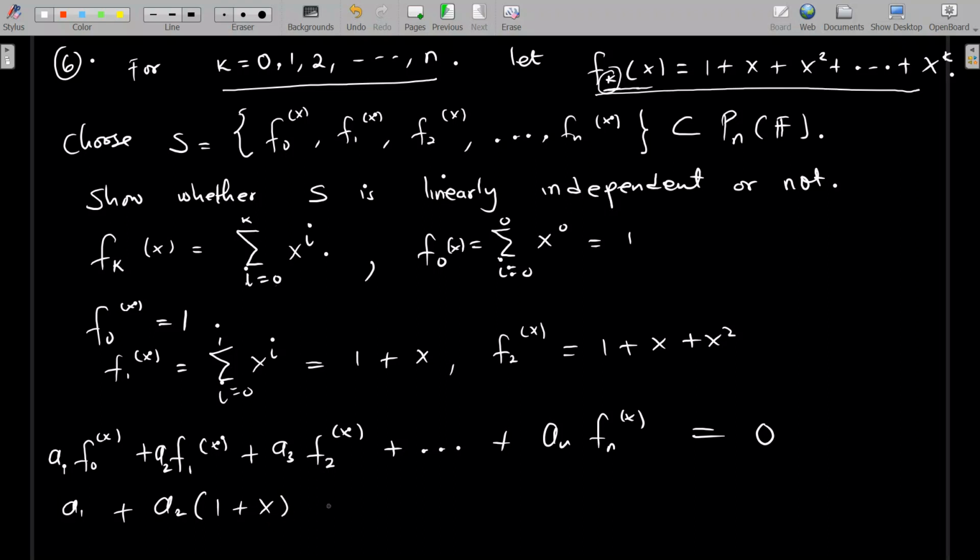Yeah, x, plus a3 into 1 plus x squared, right, plus all the way to a sub n into 1 plus x squared plus all the way to x to the power n, and this should be equal to the 0-degree polynomial.